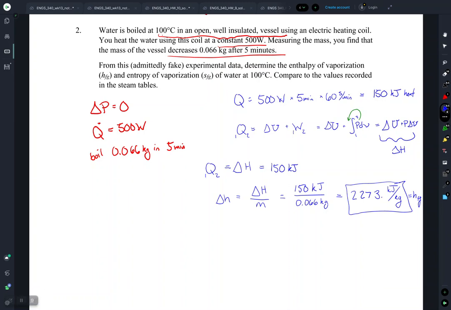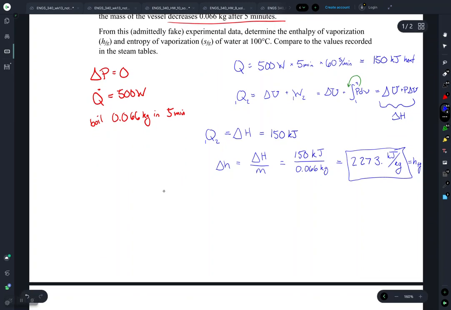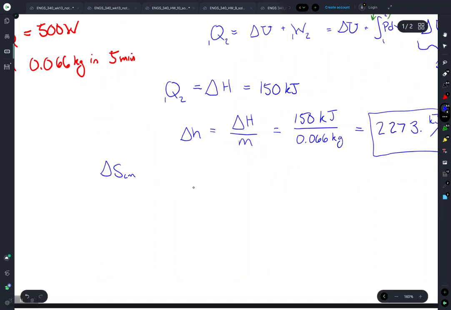Now to figure out entropy, the change in entropy of our control mass is equal to Q in over T of our control mass minus Q out over T of the surroundings plus S gen.